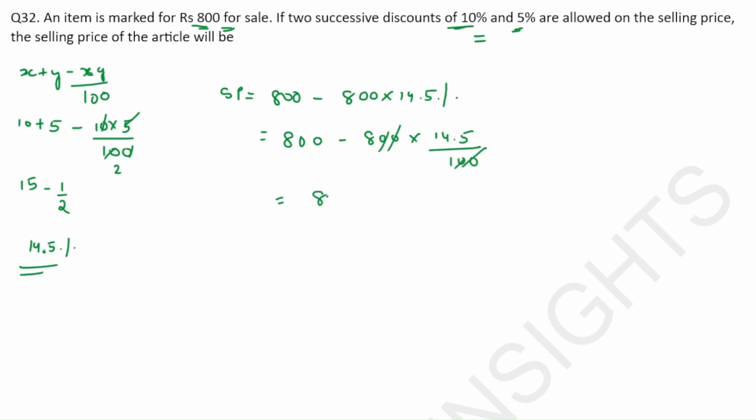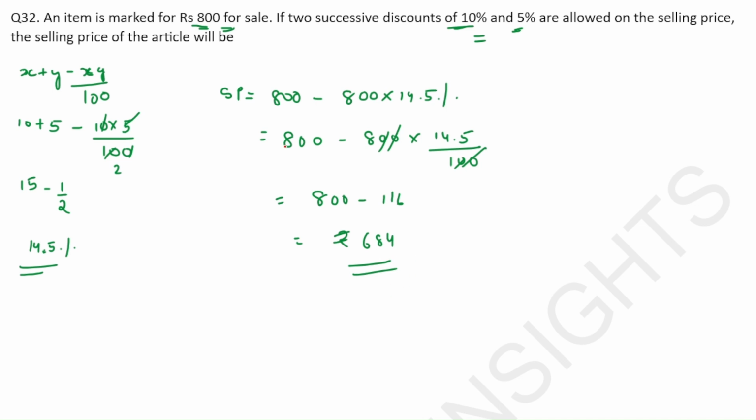So if you solve 800 minus, multiply 8 into 14.5, you will get 116. So if you subtract, you will get the answer as rupees 684. So this is the selling price after successive discounts.